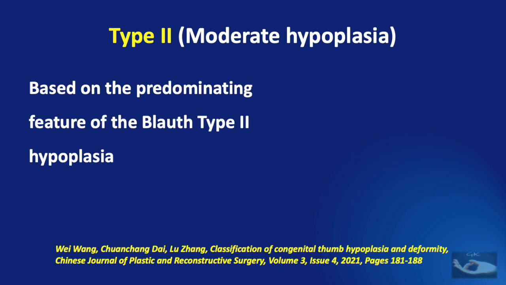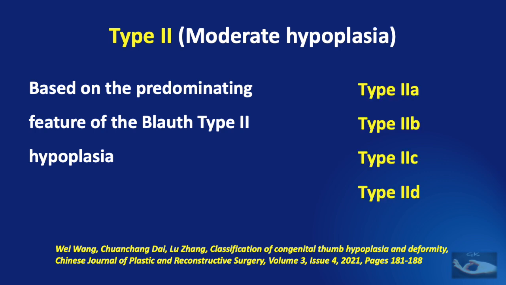Based on the predominating feature of the type 2 hypoplasia, it can be subclassified into 4 types as described by Michael Tonkin. When thenar muscle hypoplasia is predominant, it is called subtype 2A. When the extensor pollicis brevis muscle hypoplasia is predominating, it is known as subtype 2B.